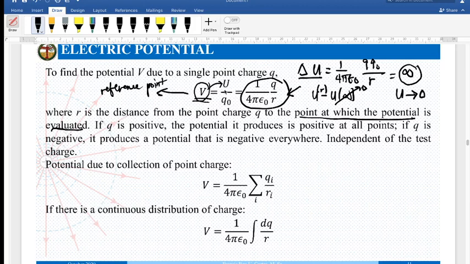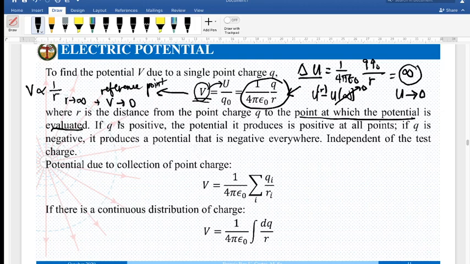So if you get the potential of a single point charge at infinity, you can see that your V is inversely proportional to the distance. So when r goes to infinity, meaning where we evaluate our potential is at infinity, V goes to 0, just like the electric potential energy. So therefore, it needs a reference point, which is convenient, that can be placed at infinity.